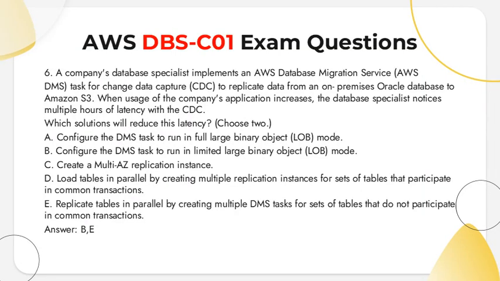D. Load tables in parallel by creating multiple replication instances for sets of tables that participate in common transactions. E. Replicate tables in parallel by creating multiple DMS tasks for sets of tables that do not participate in common transactions. Answer: B, E.